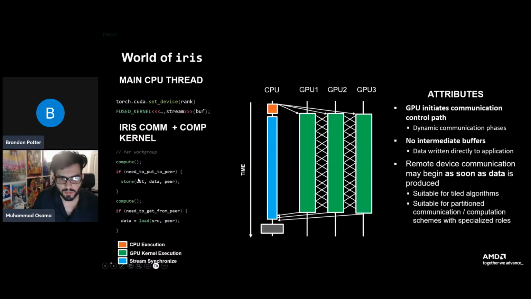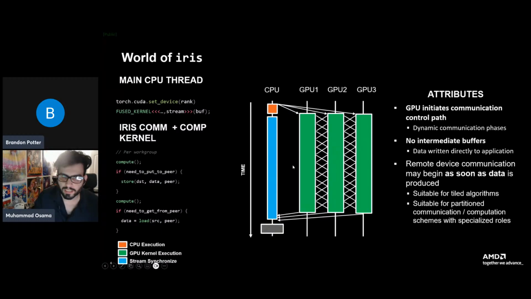So you can do a compute, store it to remote GPUs, do more compute, load from remote GPUs, and so on. It follows a really natural workgroup-centric programming model that Triton already embodies and extends it to support multi-GPU programming.